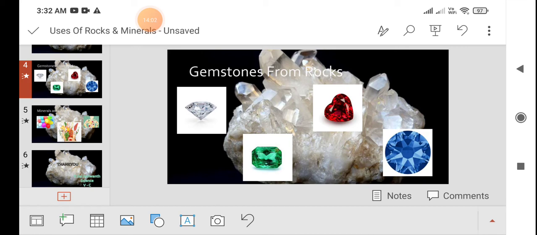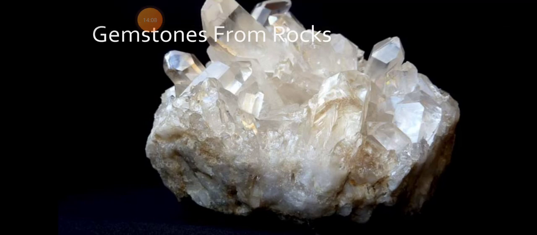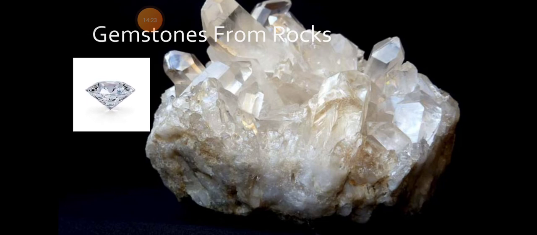So in today's class, we had a look at how gemstones are formed from different minerals, how nutrients are obtained from the minerals, and how fertilizers are prepared from the minerals.